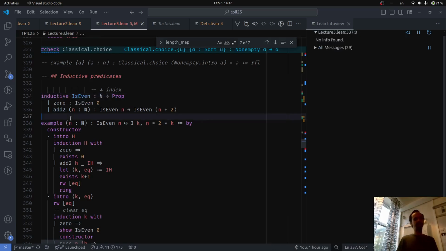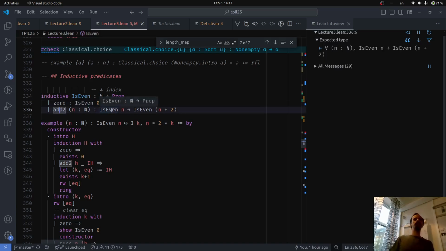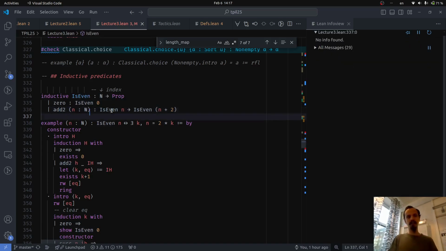Given a natural number, IsEven of that natural number is a true proposition when that number is even, and it's a false proposition when that number is not even. The way we do it is we have a constructor for 0, so 0 is an even number, and then if we have an even number, adding 2 to that number makes another even number. Okay?